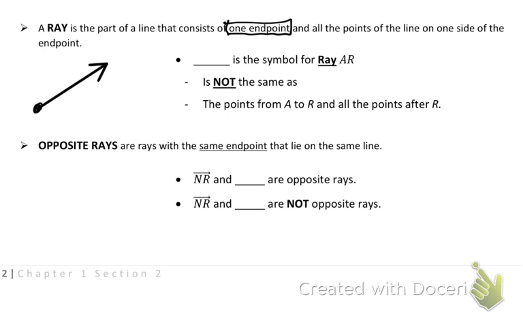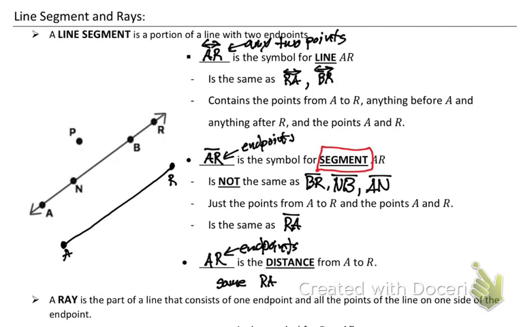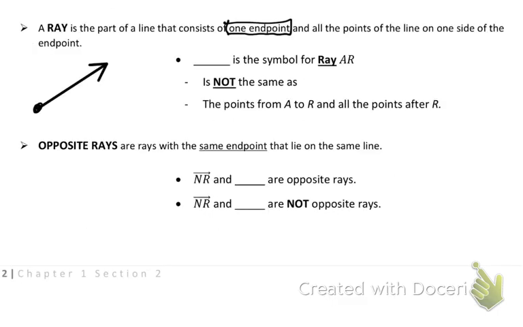So if we look back at the drawing, we're supposed to find what's the symbol for ray AR. So let's go back to our drawing. We want ray AR. Ray AR would be this drawing here. Note it starts at A, but then it goes forever in that direction. So if I want ray AR, we have to be careful how we name it.